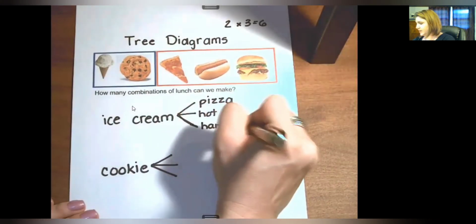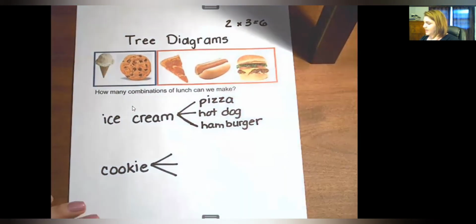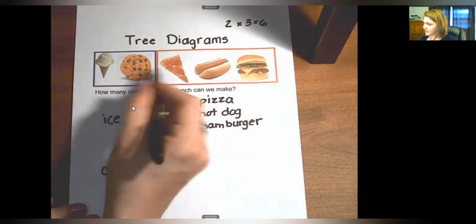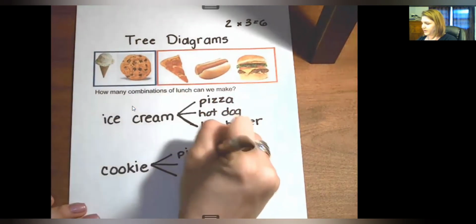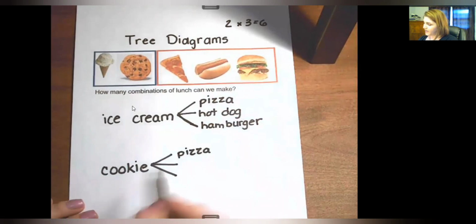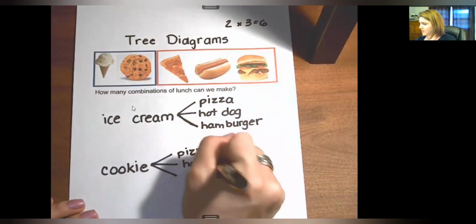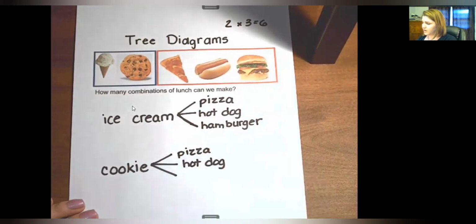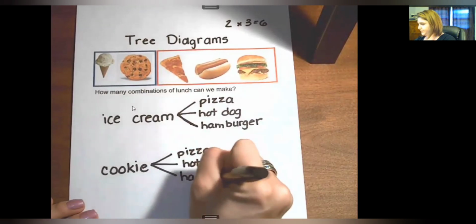It's actually a cheeseburger. Delicious. But then I could have a cookie with my pizza instead of the ice cream. Or I could have cookie as dessert after I have my hot dog. Or I could have cookie as dessert after I have my hamburger.